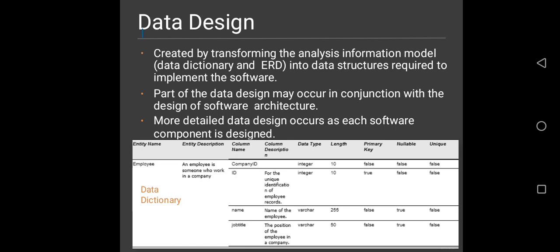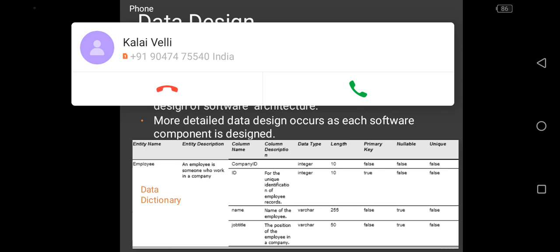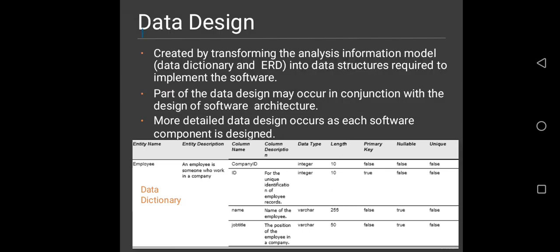Here the data plays a very important role, so we have to identify the data. Designing such data is called data design. Part of the data design may occur in conjunction with the design of the software architecture.